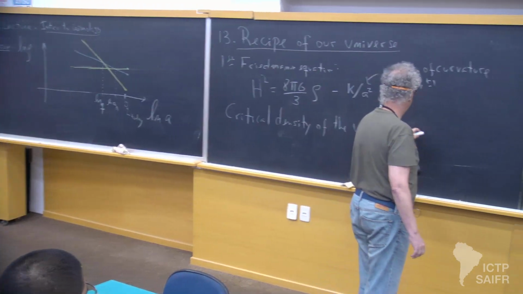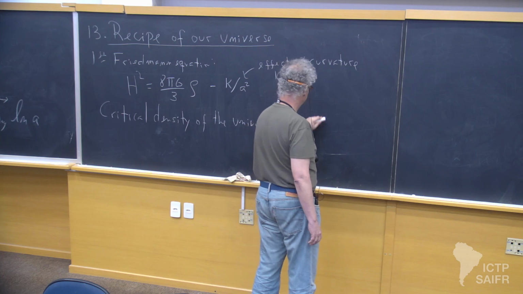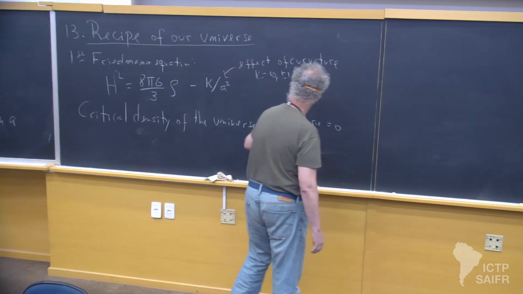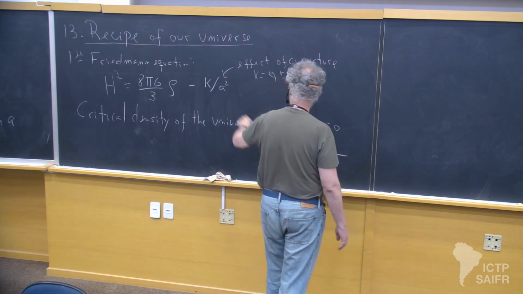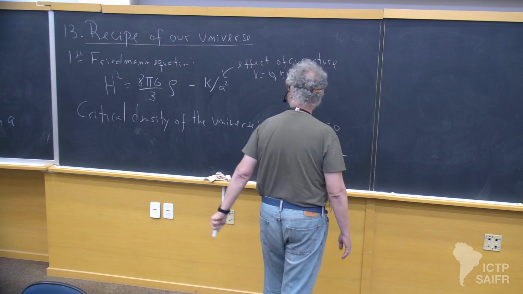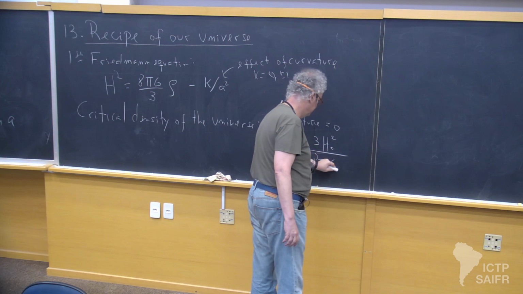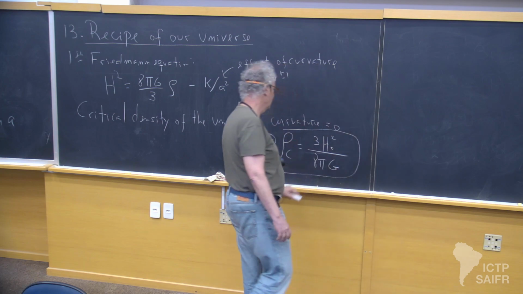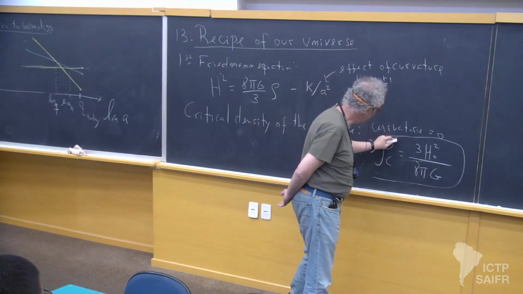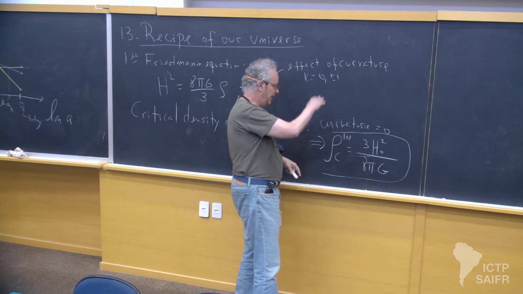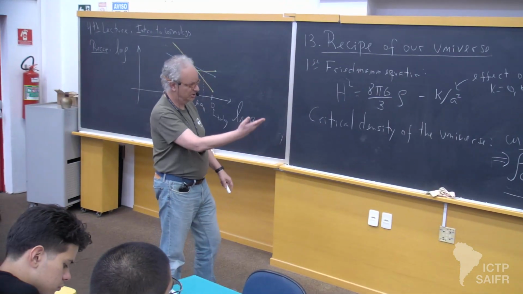So the critical density is just when the curvature is 0, which means that the critical density today is just the Hubble constant today squared, times 3 divided by 8 pi G. This is the definition of the critical density, and I put the upper index 0 to say it's today, because it changes with time, because the Hubble parameter changes with time.